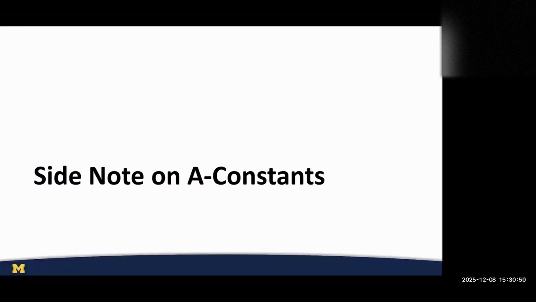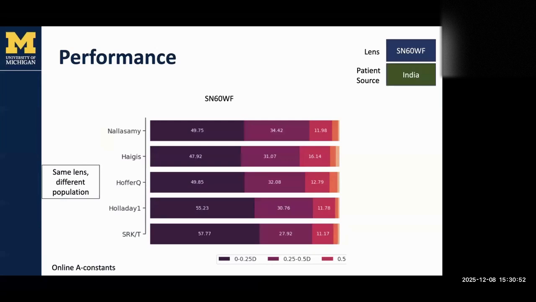Oh, I need to give a side note on A constants. So also remember how I showed you this chart. Again, these are different error rates. This is less than 0.25 diopters. This is 0.25 to 0.5 diopters, for example. This is the same lens, but a different population. Well, I used a different set of A constants than the University of Michigan data set.